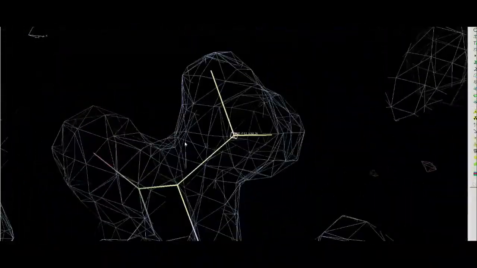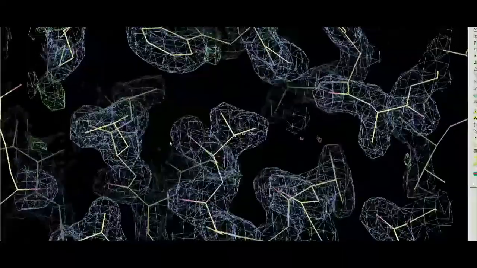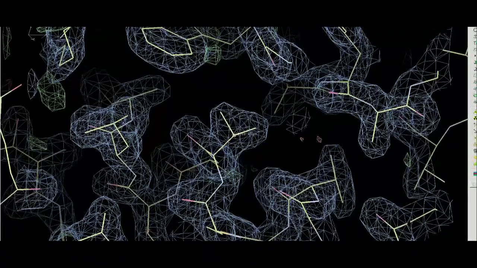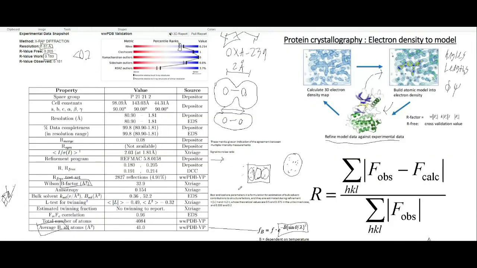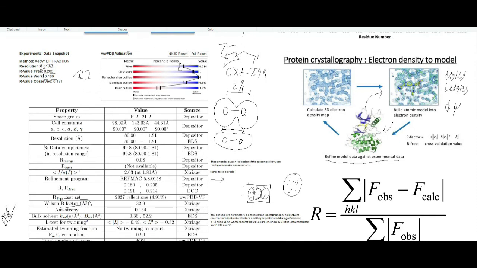So you just want to try and align this, and then you end up getting your refinement models, and then you get your validation here. And this is all stuff that you would find on a website called the Protein Data Bank, PDB.